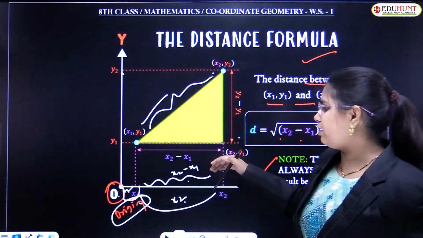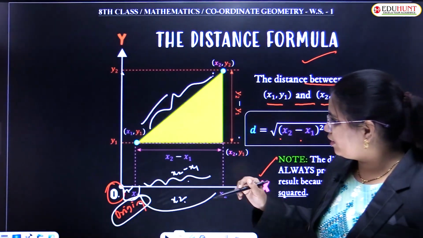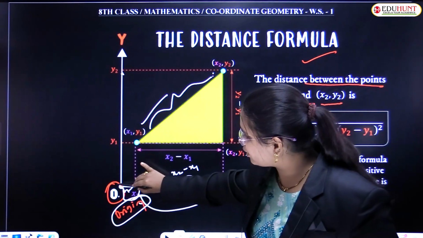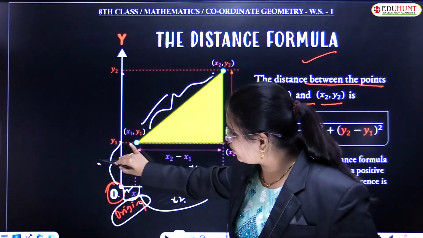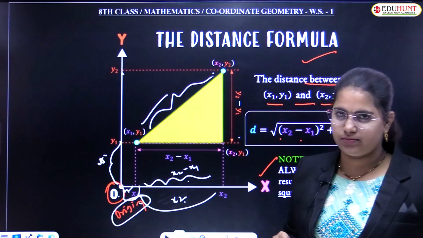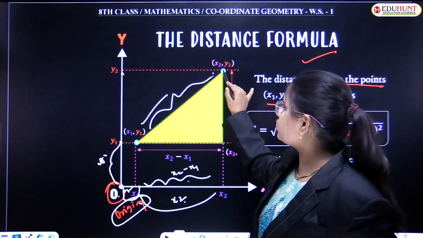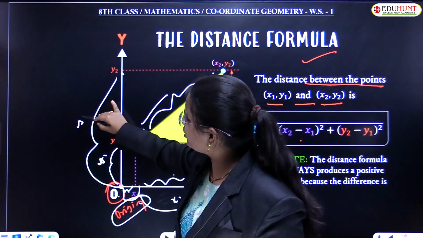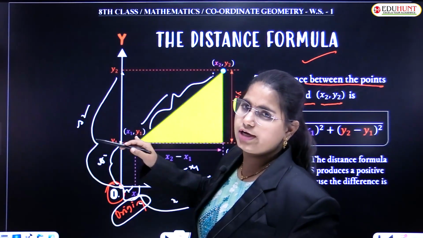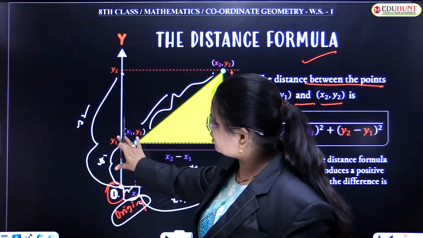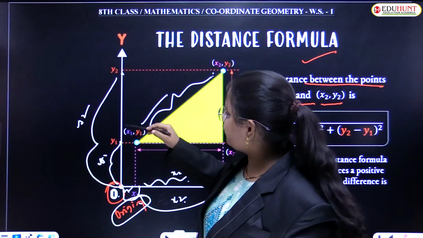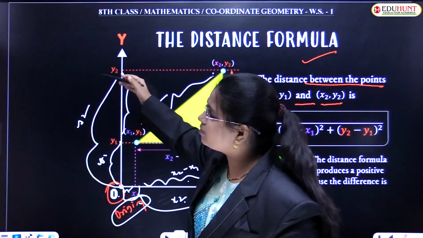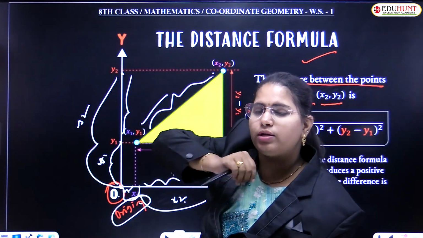Similarly, now look at the vertical axis. What is the point y1? This one? From here to here the distance is y1. Right? So where does x2, y2, my second point, locate? From here to here my distance is y2. This part is y1 and the total part is y2. If I just want to find from here to here, then that will become y2 minus y1.